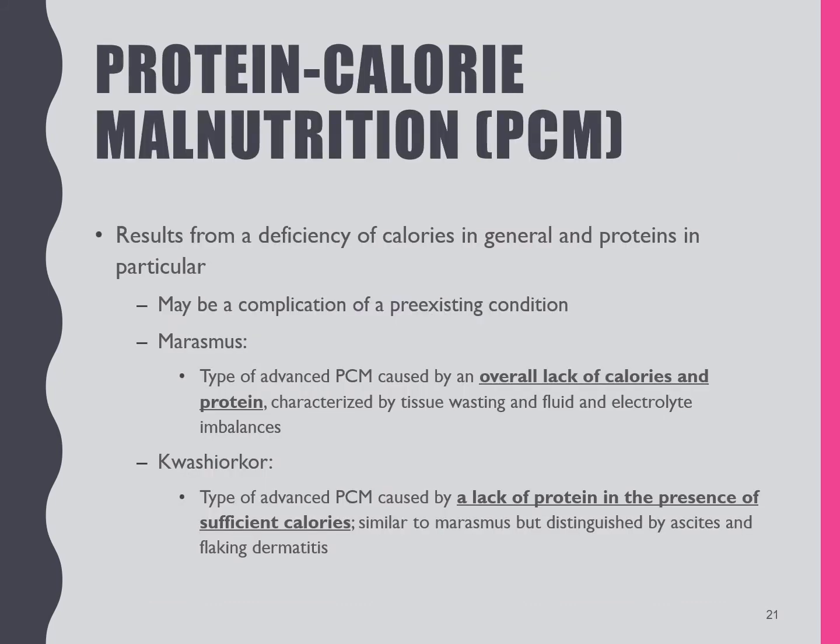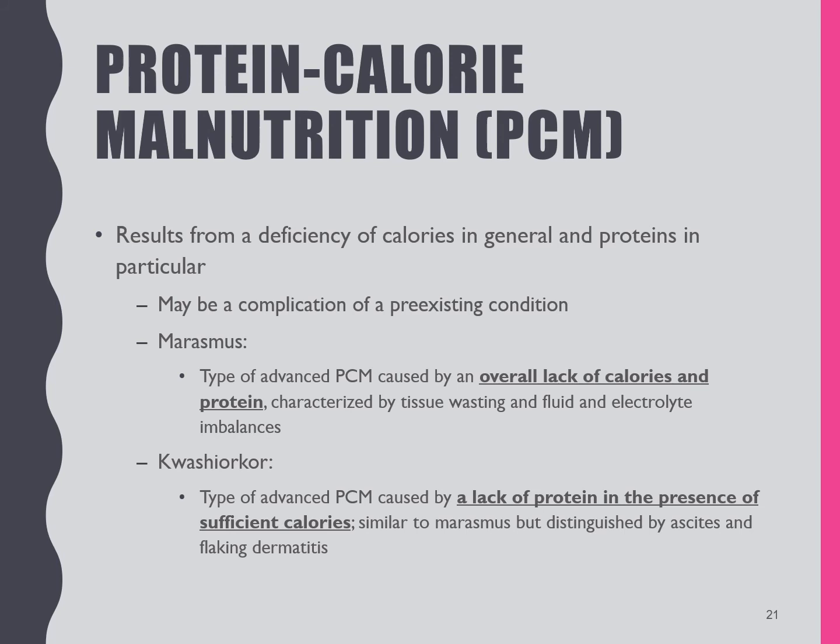There are a variety of causes of protein-calorie malnutrition. The book categorizes them into 3 broad areas: conditions that reduce nutrient intake, conditions that increase loss of nutrients, and conditions that increase the use of nutrients in the body. Some that we may be directly impacted by in the operating room is hemorrhage, which is a condition that increases loss of nutrients.